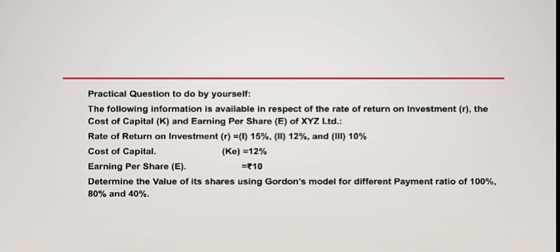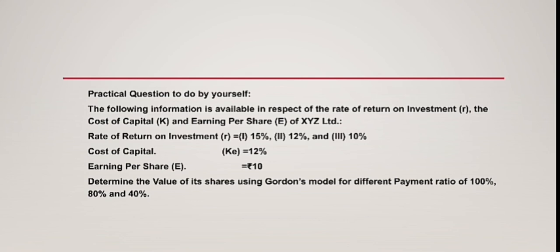One is 15%, second one is 12%, and third one is 10%. 15% means it is R greater than K, the second category is related to the R equals K situation, and the third category is related to R less than K. Then you have to calculate the values at 15% for dividend payout ratio of 100%.